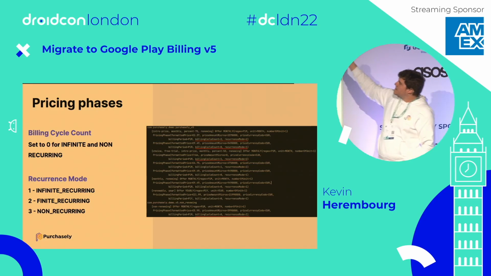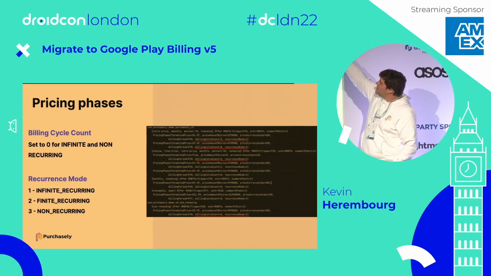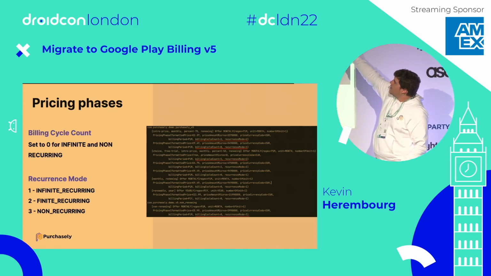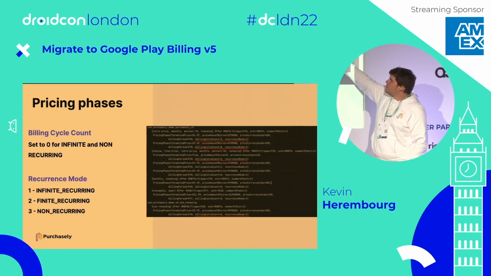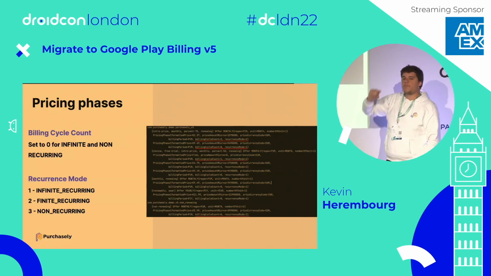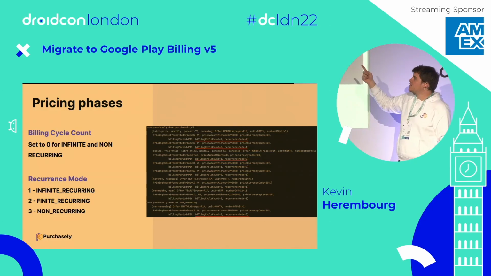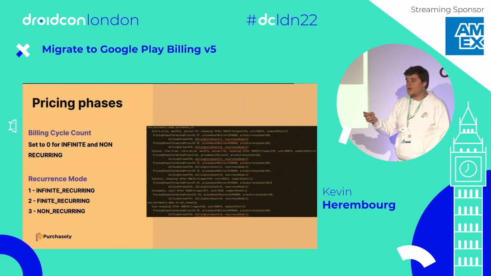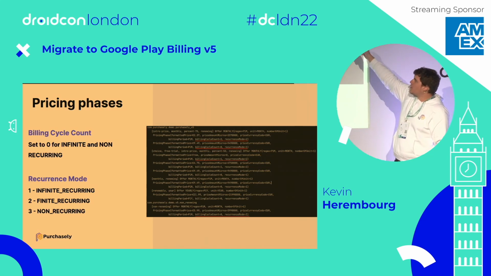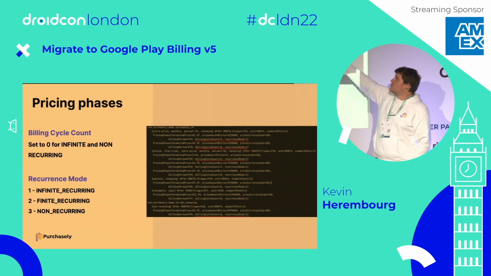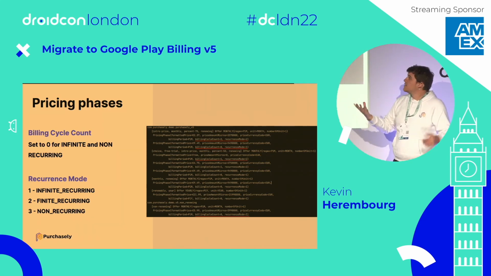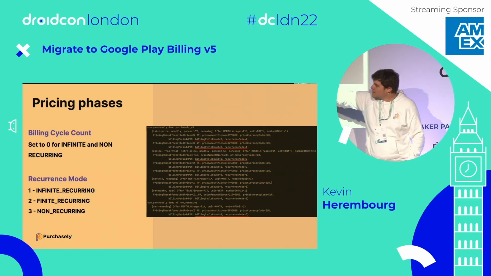For example, I can see that for my first intro price, which is a monthly offer, I have a billing cycle count of 2, which means that I have set in Google Play Console that this intro price is going to be available for 2 months to my user before he switches to my regular price. Then I have a billing cycle count of 0. 0 means it's infinite, because I see the recurrence mode is infinite.